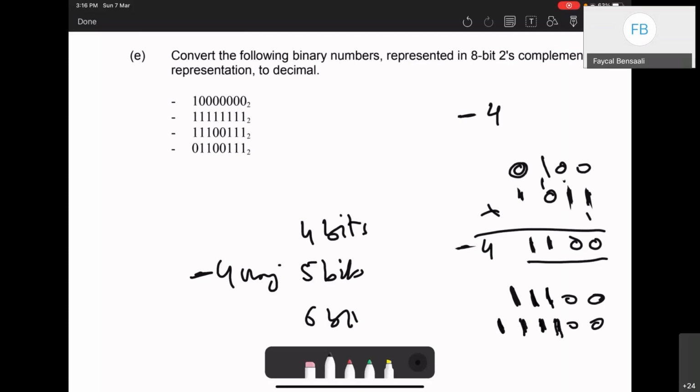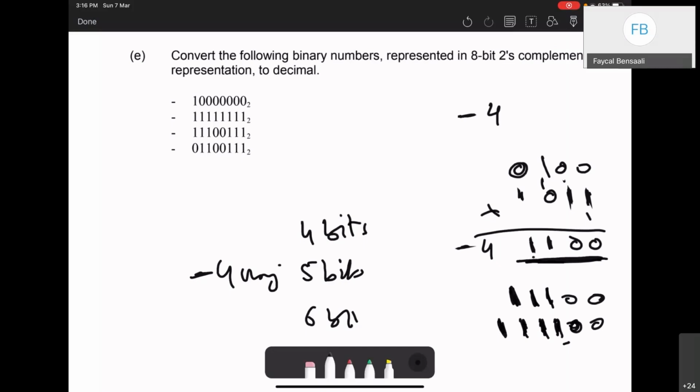Do you remember when we talked about shifting, arithmetic and logical, and we said we fill with the most significant bit. So if the number was negative, you keep it negative. So basically you add ones. If this is minus 4 using 4 bits, you add another one.